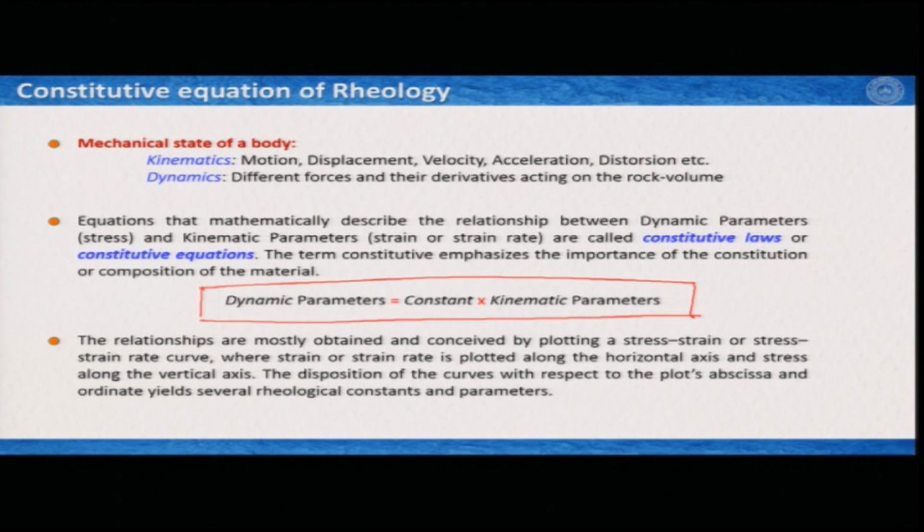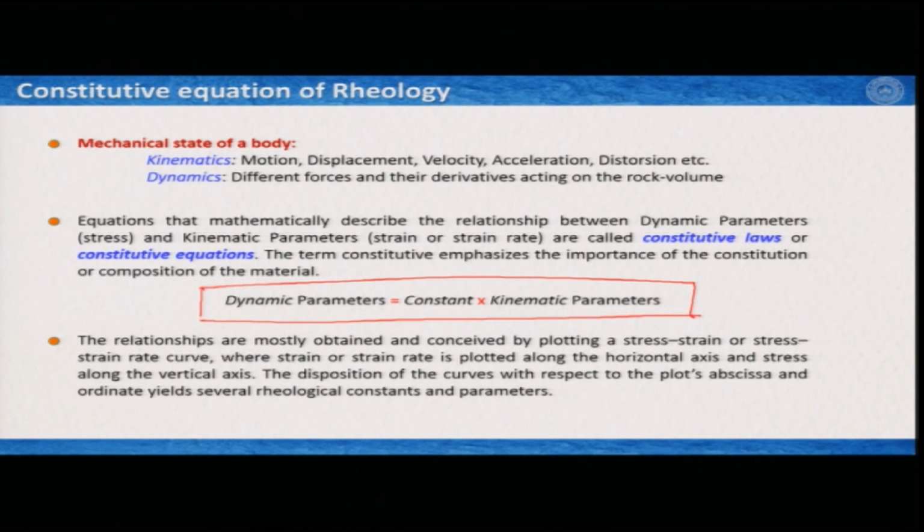Therefore, one has to find a balanced equation to mathematically describe the relationship between the dynamic parameters and kinematic parameters, and these are known as constitutive laws or constitutive equations. And this term constitutive emphasizes the importance of the constitution or composition of the materials.